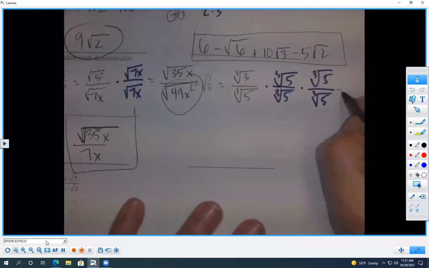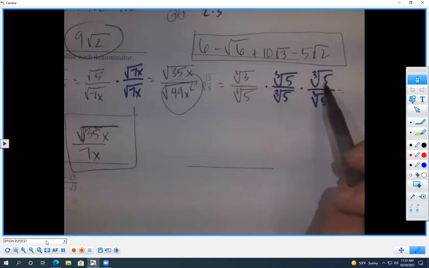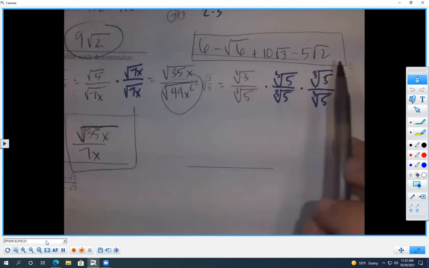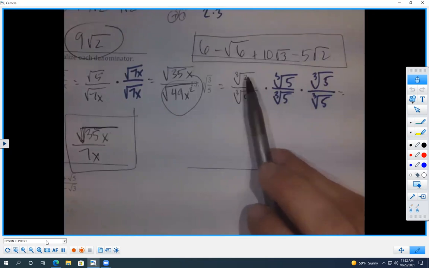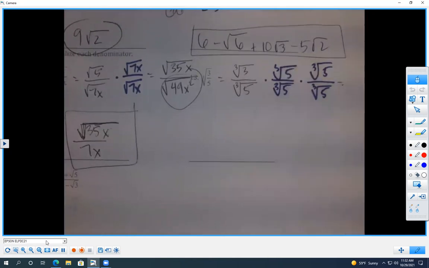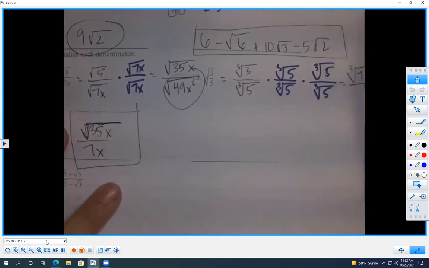So when I multiply it, what's the cube root of 3 times the cube root of 5 times the cube root of 5? 5 times 5 is 25. 25 times 3 is 75. So cube root of 75. What's it going to be on bottom?